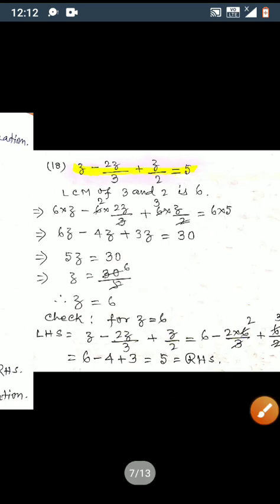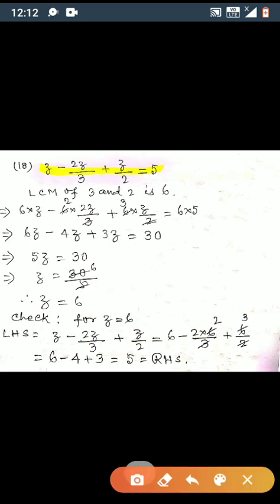Question number 18. z minus 2z by 3 plus z by 2 equal to 5. LCM of the denominators 3 and 2 is 6. So multiply each and every term by 6. So it can be written as 6 multiplied by z minus 6 multiplied by 2z by 3 plus 6 multiplied by z by 2 equal to 6 multiplied by 5.